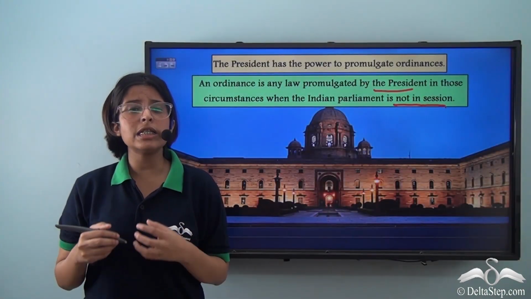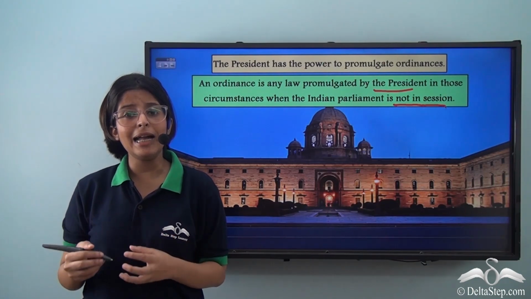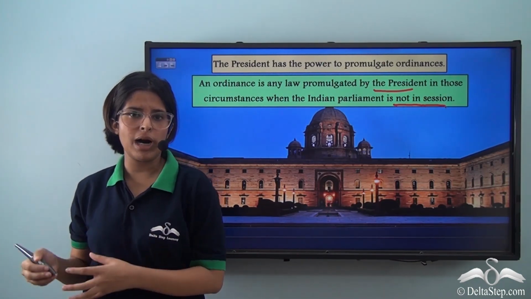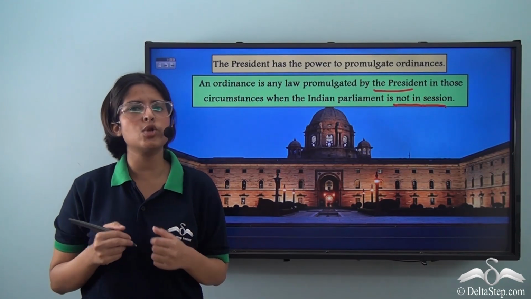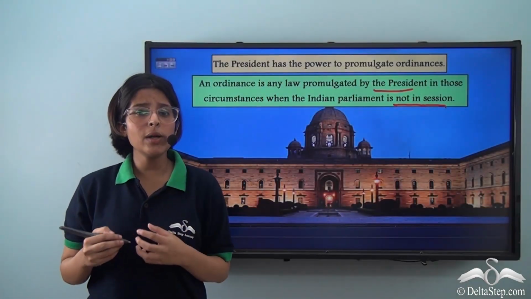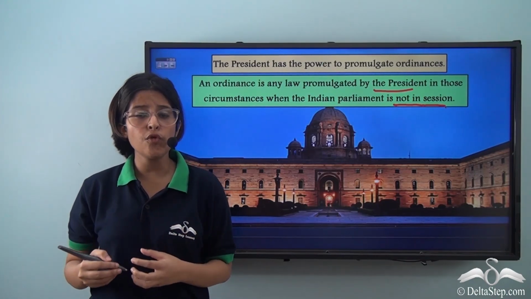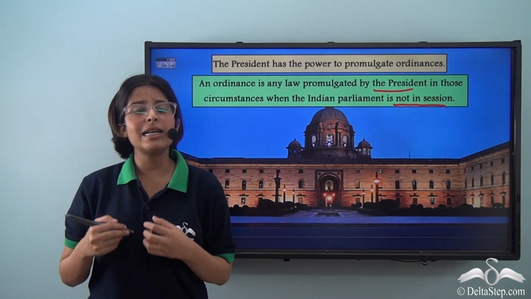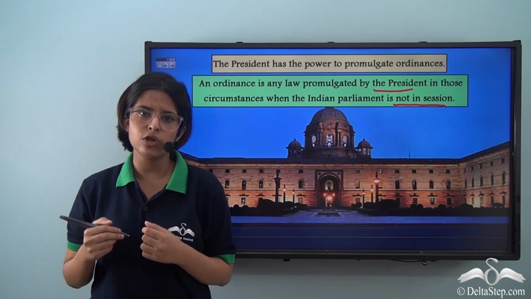Similarly, if the ordinance is put forward in the Parliament and no action has been taken regarding it, and 6 weeks have passed, it will still cease to exist. It is only when the ordinance is approved within 6 weeks of reassembly of the Parliament that it will become a permanent law.